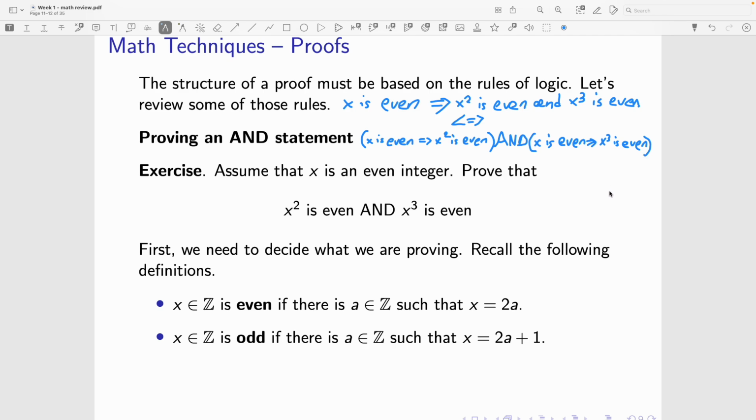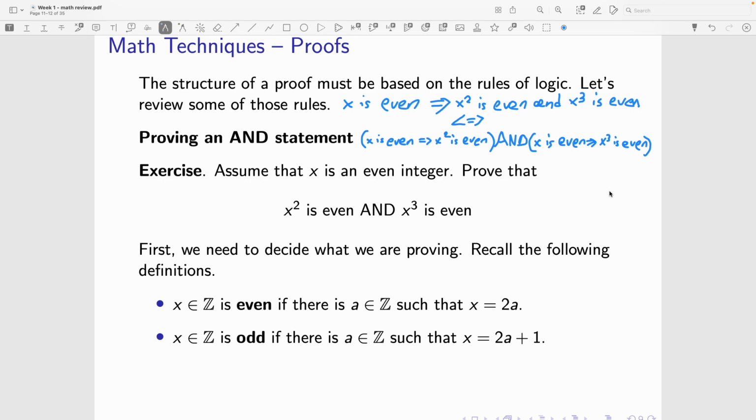So this is essentially the lesson of this slide. If you're trying to show that one thing leads to multiple things, show that each of these separate implications is true separately.